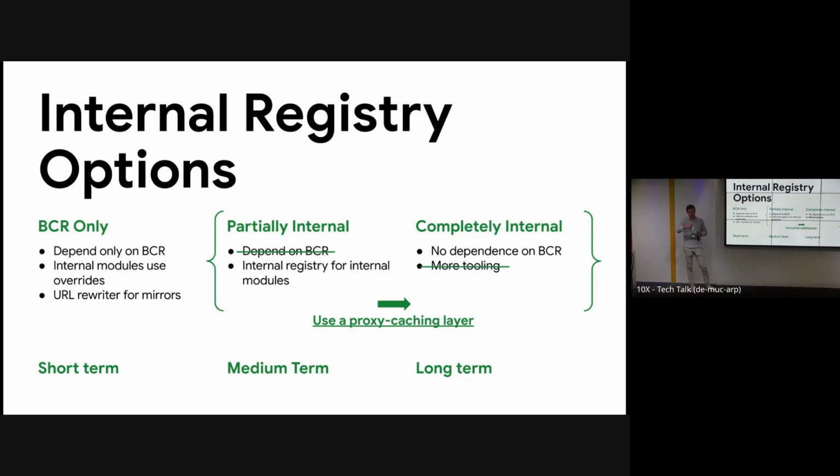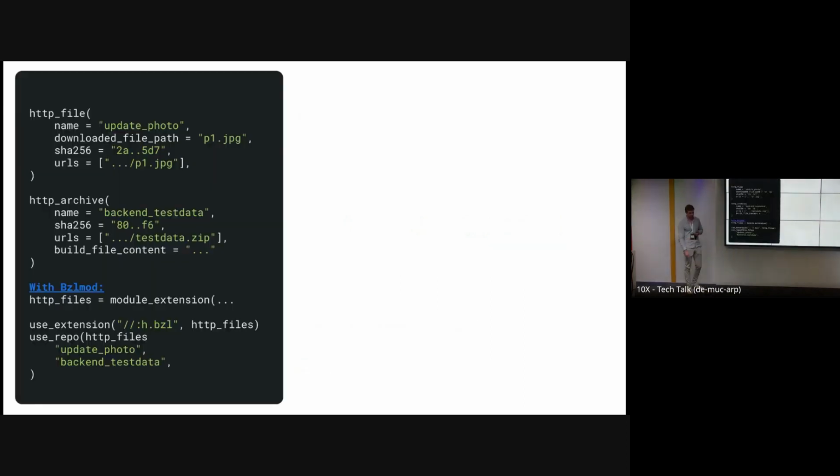If it doesn't have it, it sends a request to the BCR and caches it with some TTL. Now we don't depend on the BCR and we eliminate the tooling. So that's our solution.